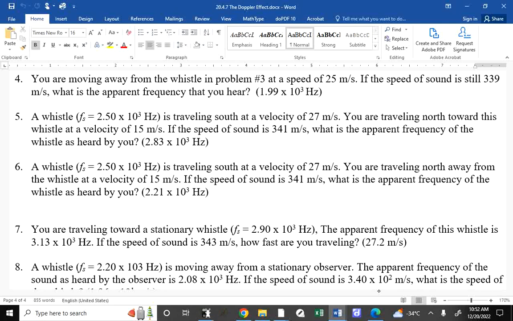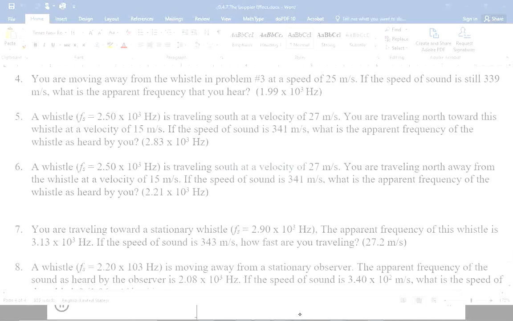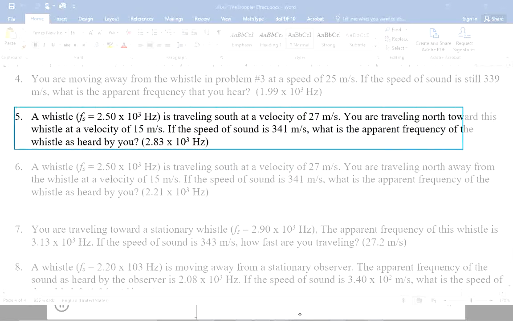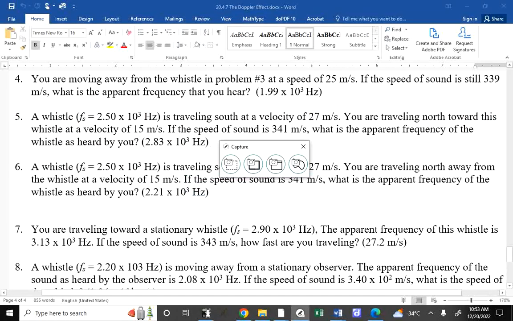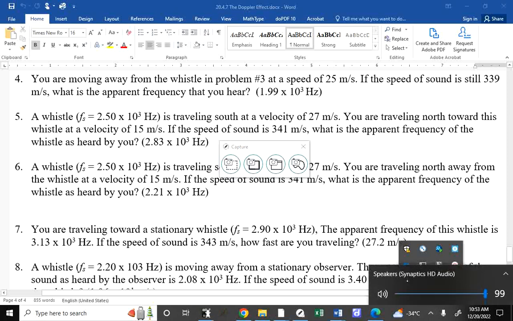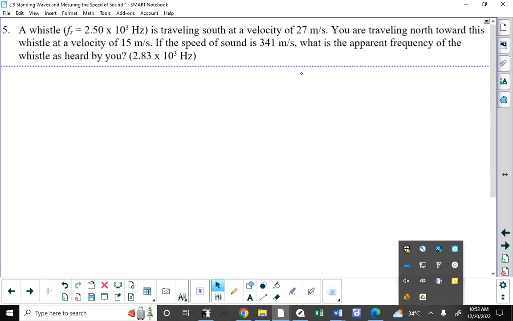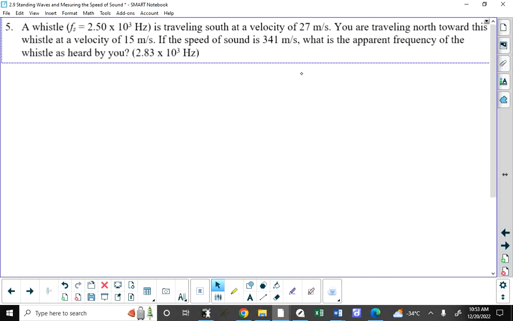So these two effects are going to add together, which is why when we take a look at number 5, and we start, as I say, wrapping our head around which way the whistle would be moving if we were stationary, we're going to add those two speeds together.